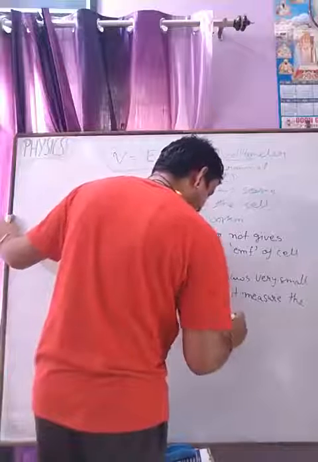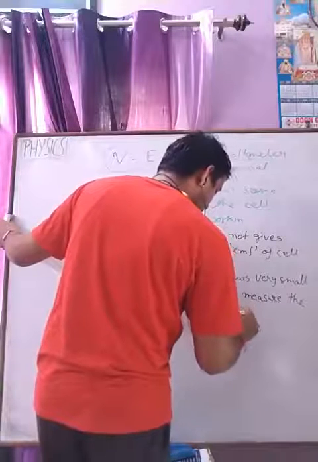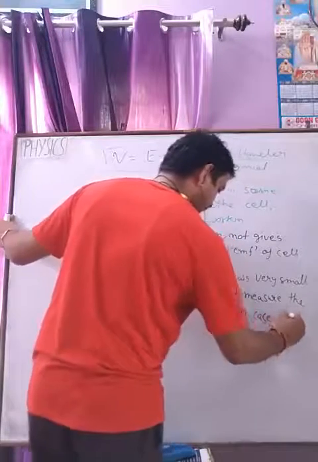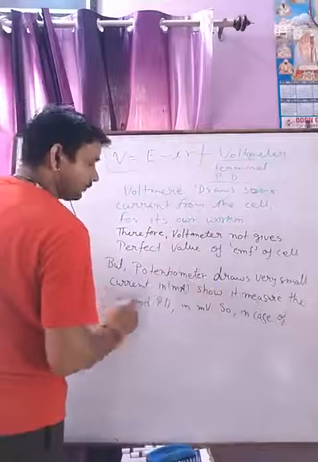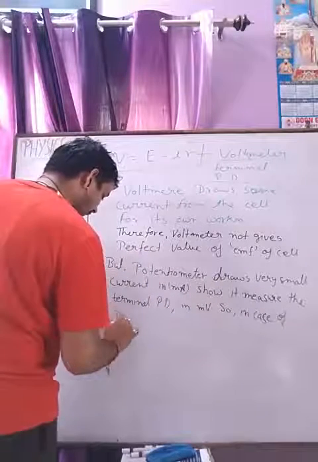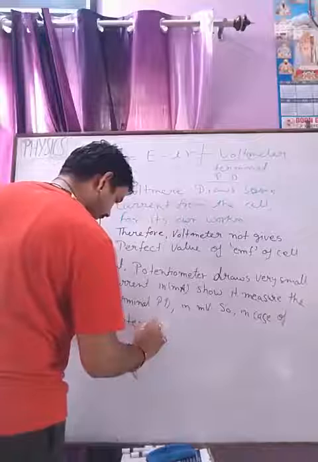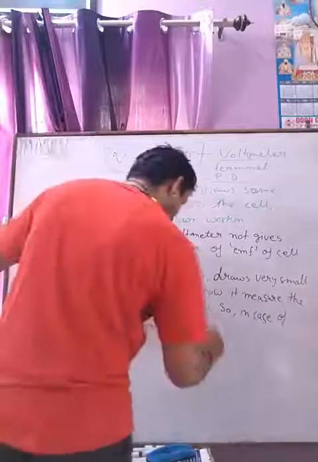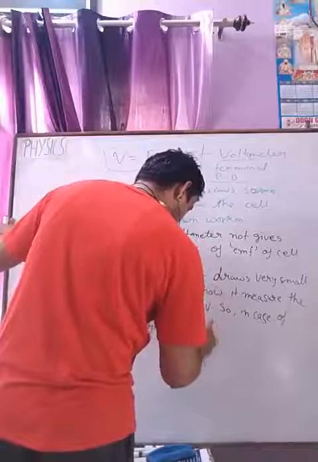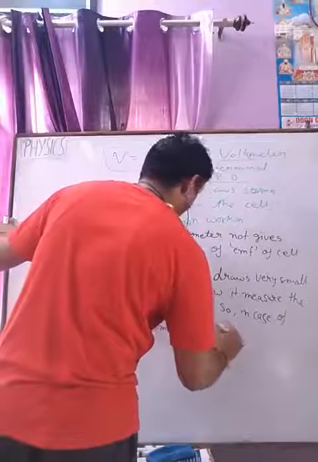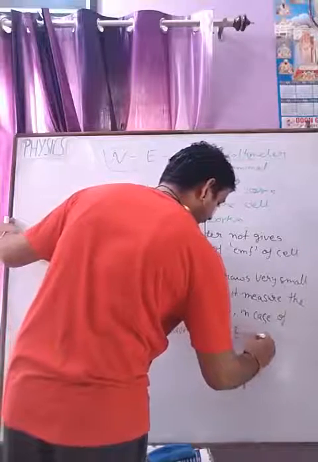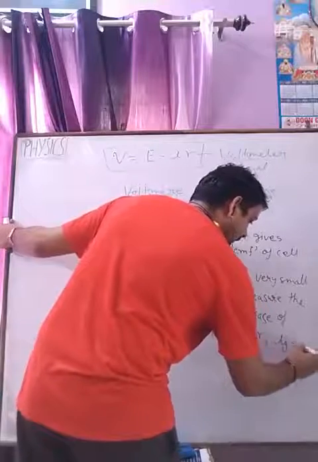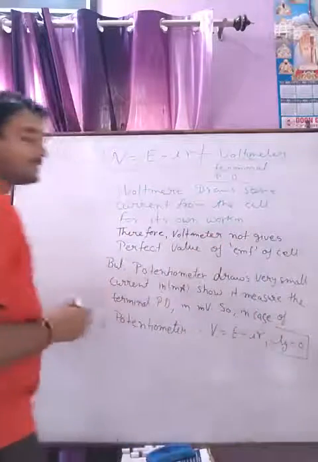So in the case of the potentiometer, V is equal to E minus Ir, and Ig is equal to 0 for the balancing length.